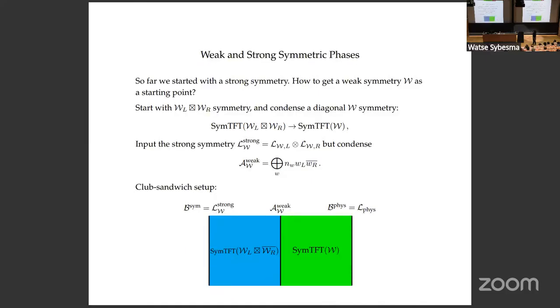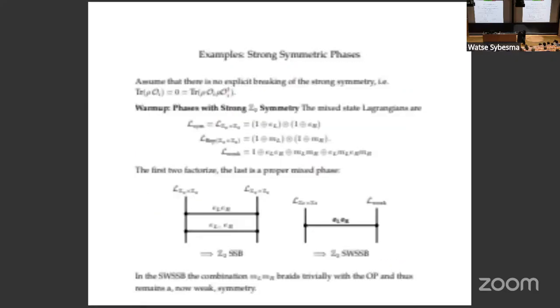So I should talk about this very briefly, because I promised that this sandwich picture will resurface in each of these topics. Essentially, if you want to start with a symmetry that's weak, so it acts at the same time on the density matrix from left and right, then you could model it by starting with a strong symmetry and condensing to a diagonal symmetry, very similar to how I did this here.